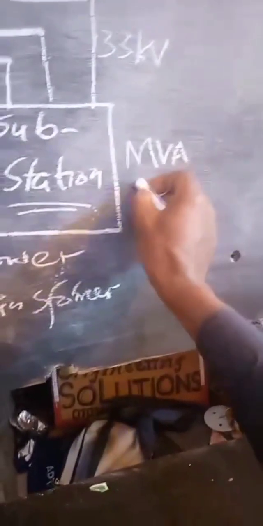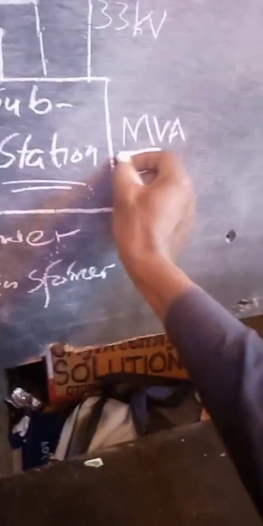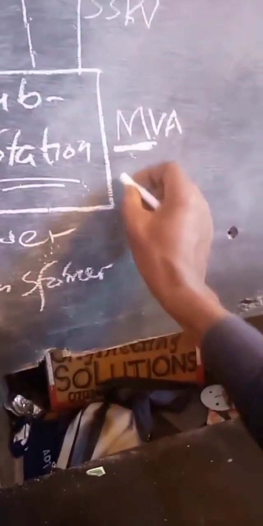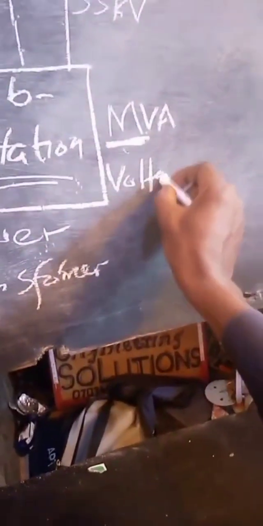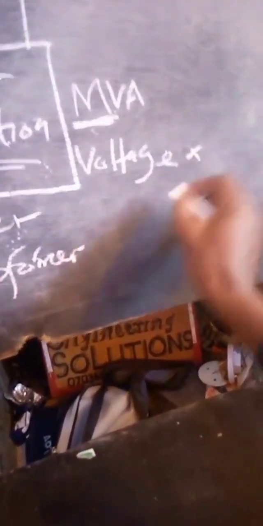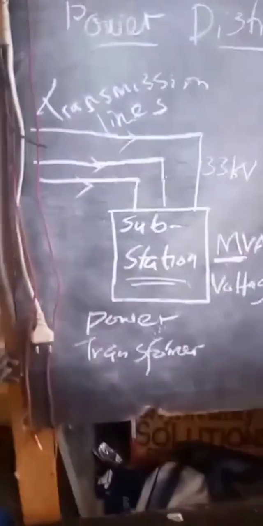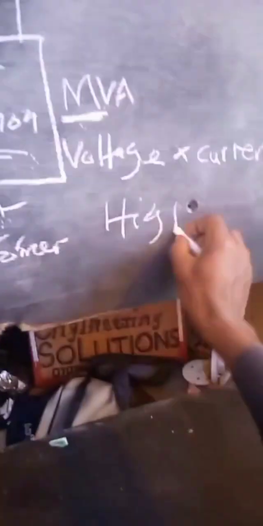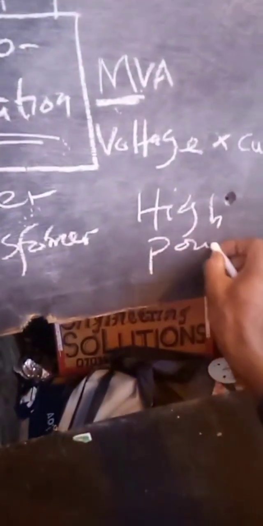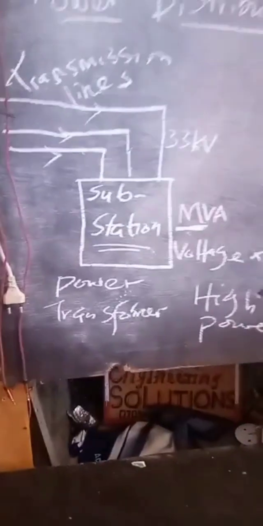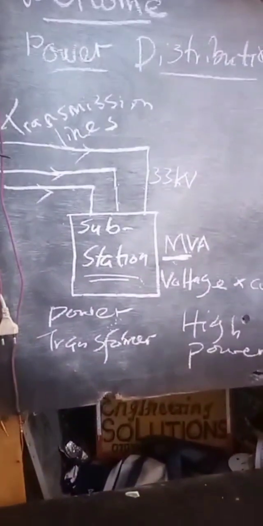Remember it's rated in MVA. MVA is a megavolt ampere measurement and is voltage times current. So this is a power transformer, and this one is able to give very high power, enough for distribution and consumption.